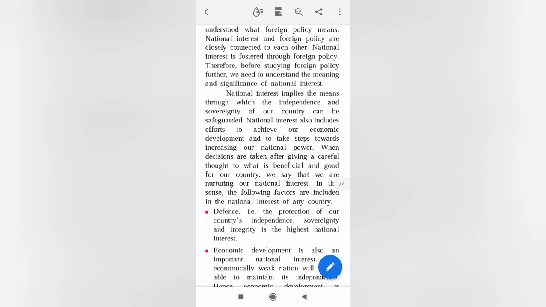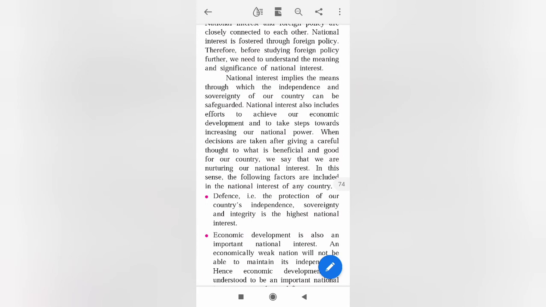We may say that we are nurturing our national interest. In this case, the following factors are included in the national interest of any country. 1. Defense. Protection of our own country's independence, sovereignty, and integrity is the highest national interest.